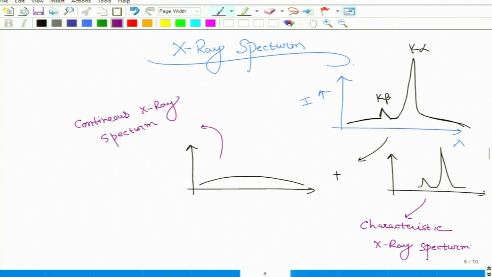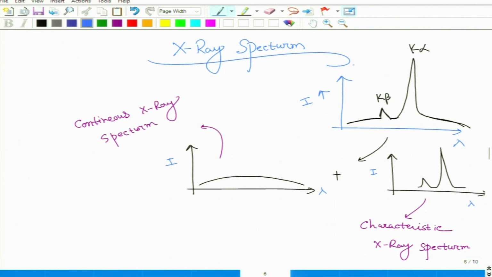The reasons behind these two spectra are very, very different. Again, let me write it, lambda and I.